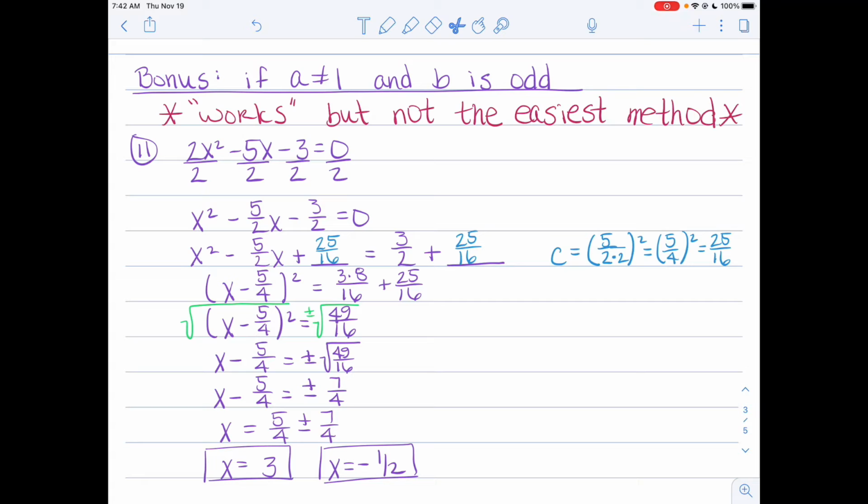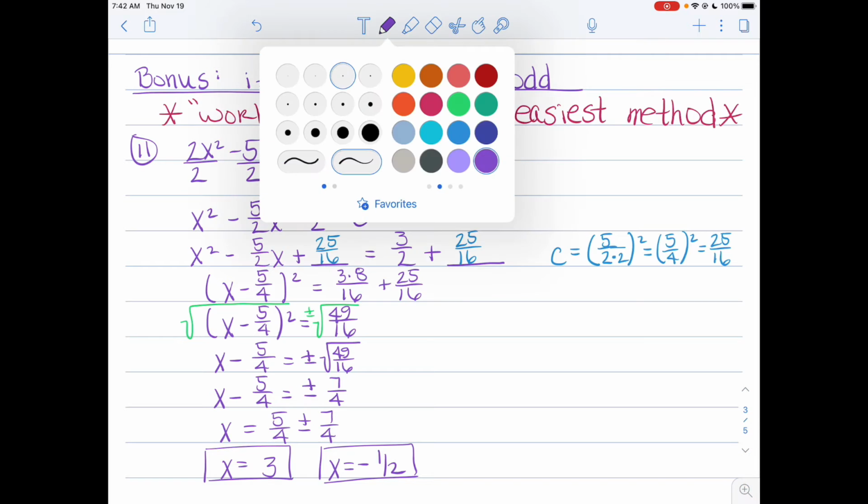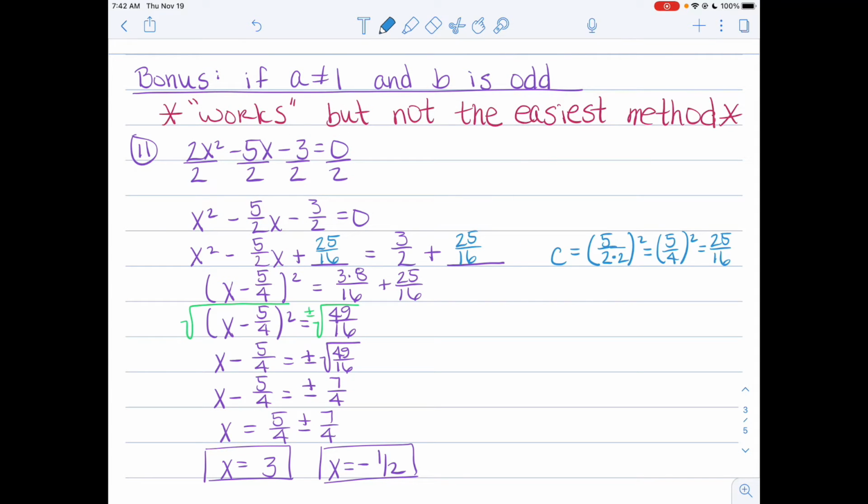Remember that C is equal to half of our B value, and then after that, it is squared. So half of our B value is going to be -5 over 2 and then divided by 2 again to take half of it and then square that. So we get 25/16.